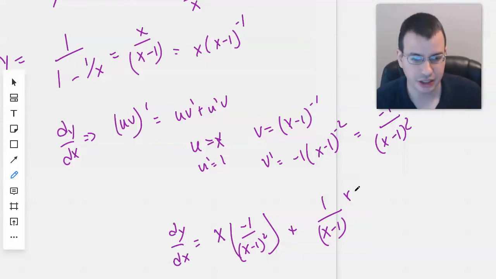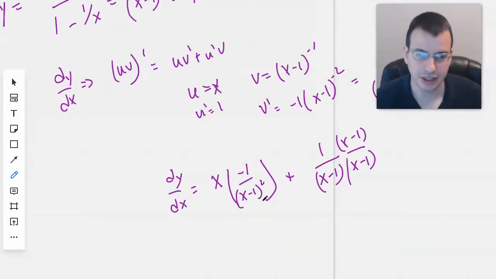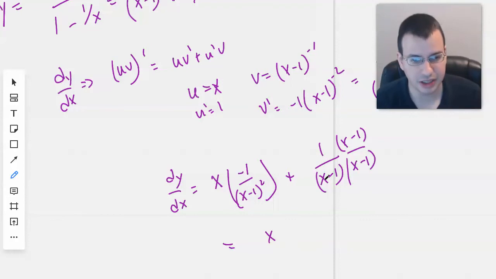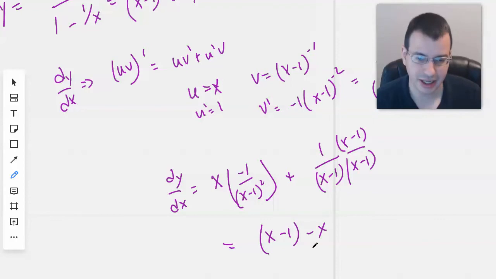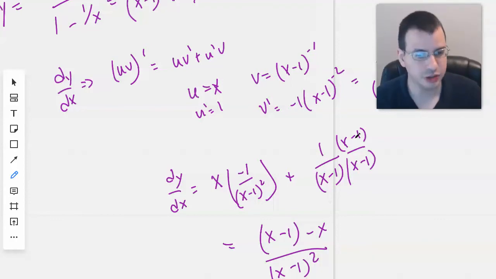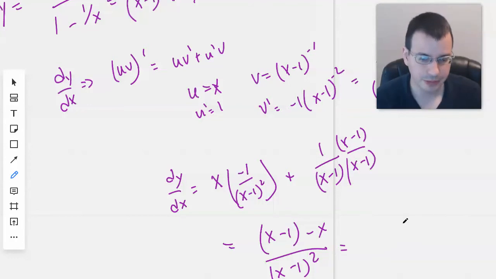And then to get the common denominator, we get something along the lines of x minus 1 minus x all over x minus 1 squared. So I wrote this one first and this one second, and I distributed the 1. And then this will give us negative 1 over x minus 1 squared.